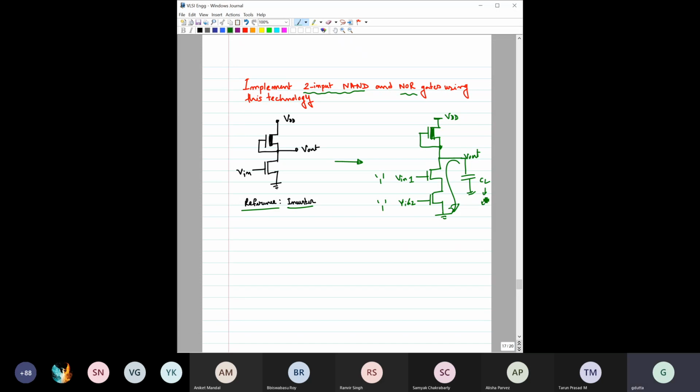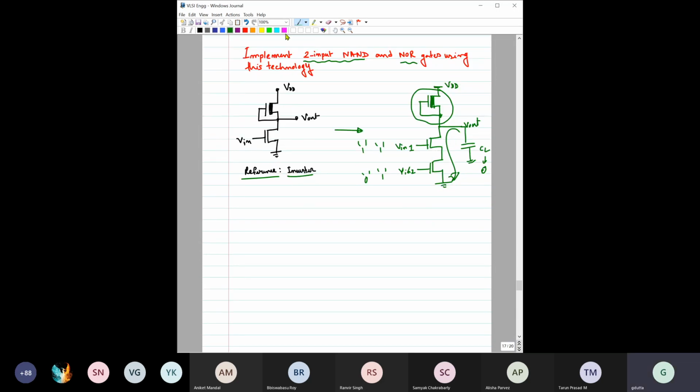For any other combination, say 1, 0, one of the transistors would be off, so this path is broken and the output would be high only. And you are right, for the load, this one depletion mode transistor would be enough.